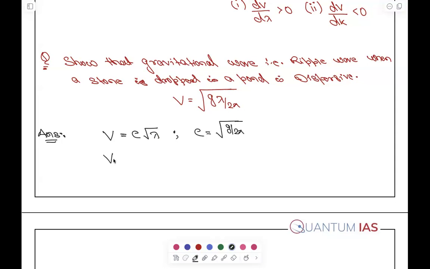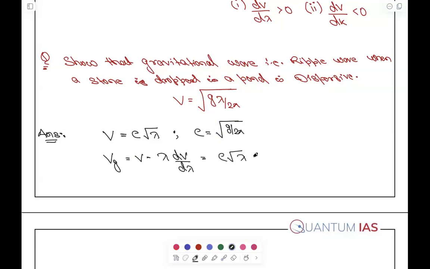This is what you are using: Vg is equal to V minus lambda dv by d lambda, this is what we studied in the last class. So you have to differentiate only the lambda part, so just take everything else as C, so it will save your time in calculation, and the chances of error will become less.